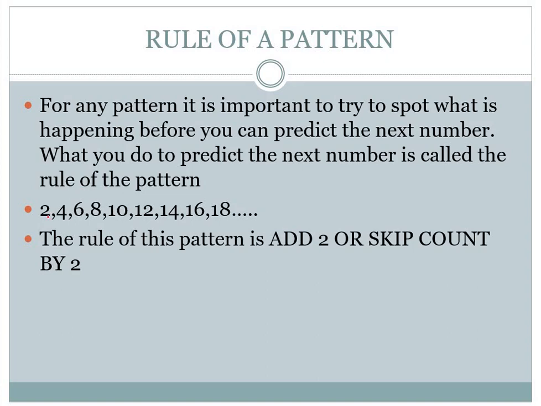So looking at this, you can see that the numbers are moving in a certain way. From 2 we move to 4, from 4 we move to 6, 8, 10, 12 in that order.